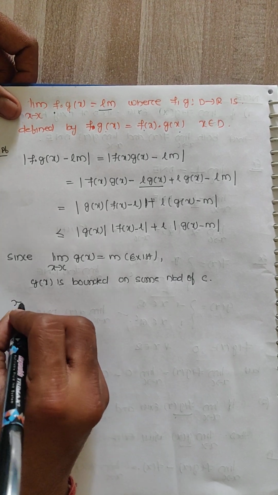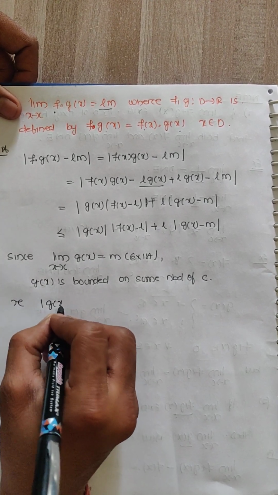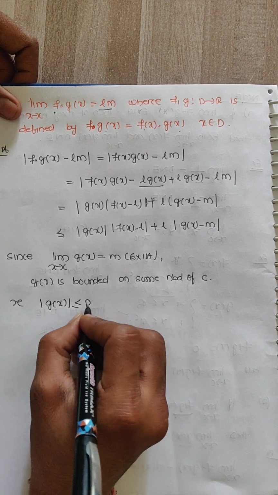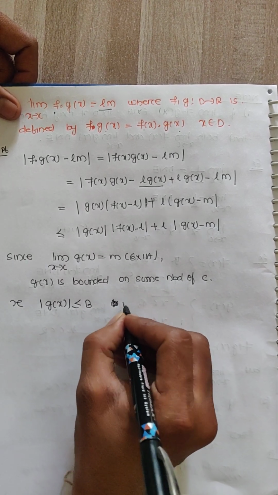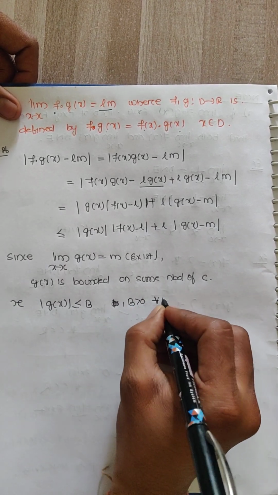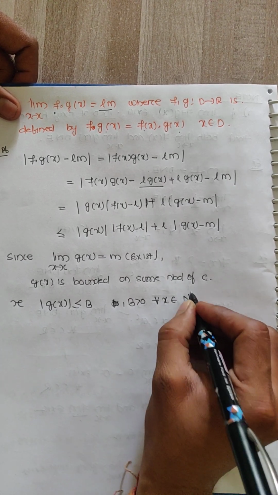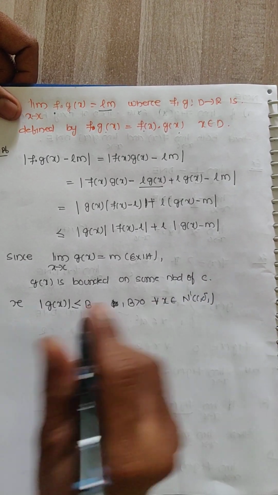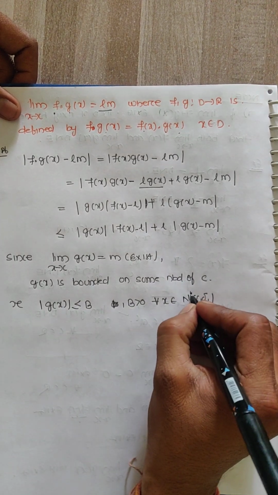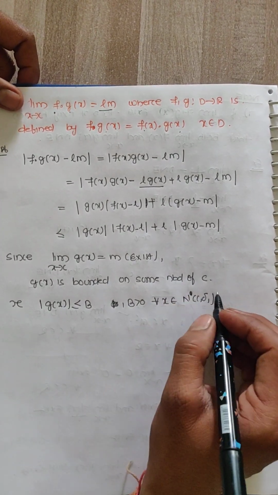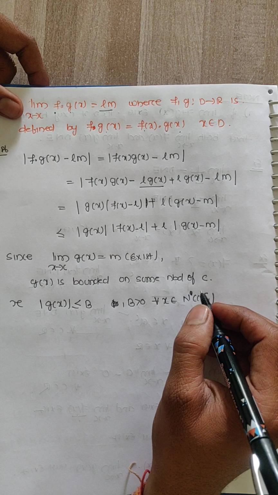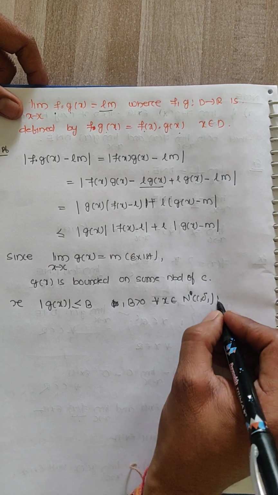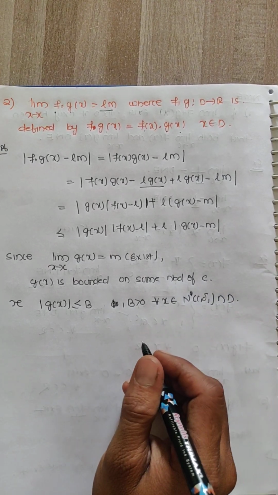That means mod of g(x) is less than or equal to b, where b is some positive number, for all x belonging to, say, the deleted neighborhood of c of radius delta 1 intersection with D.